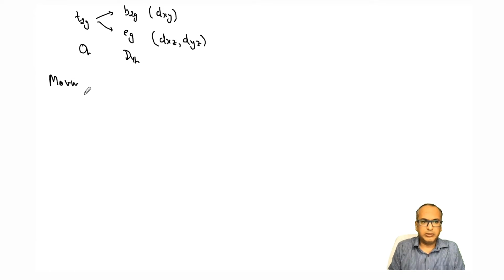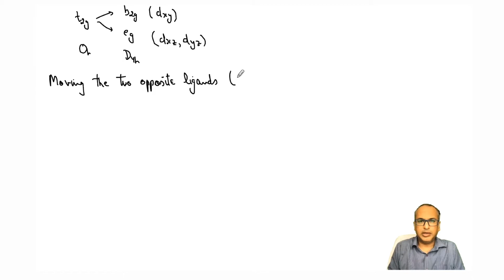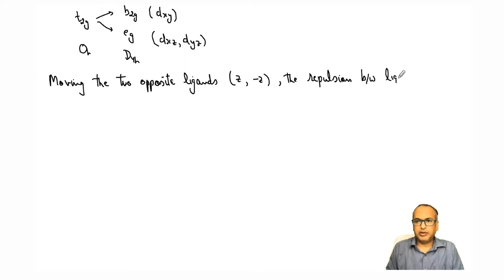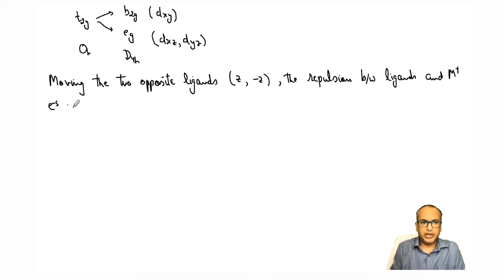So moving the two opposite ligands, let's say one from z and one from minus z side, the repulsion, we can say the repulsion between ligands and M plus electrons in d orbitals that have z character.